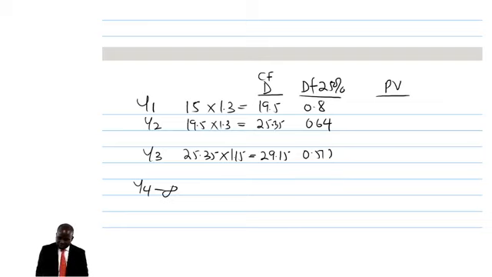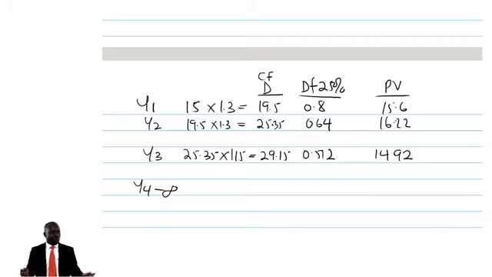I'm going to multiply by the figures. So this times 29.15 is 14.92. 25.35 times 0.64, and that is 16.22. 0.8 times 19.5, and that is 15.6.